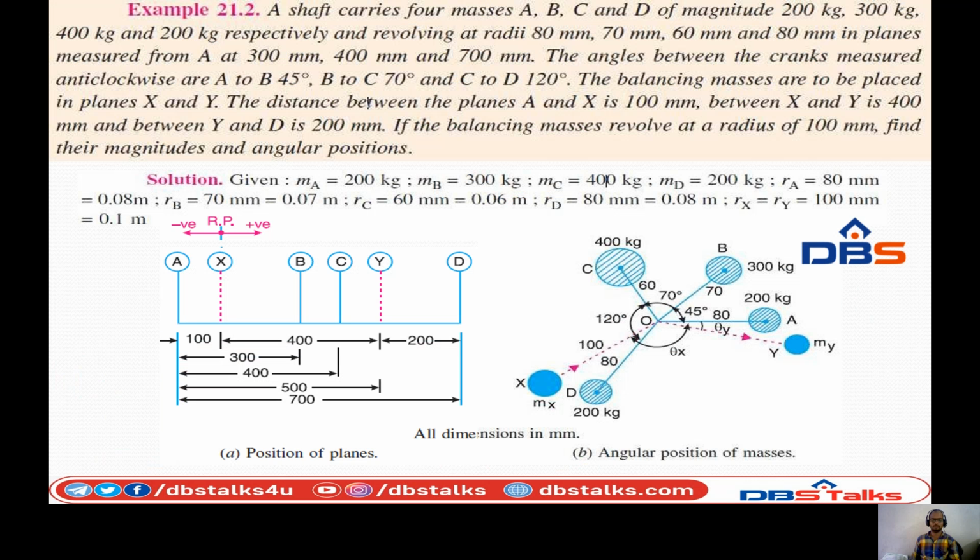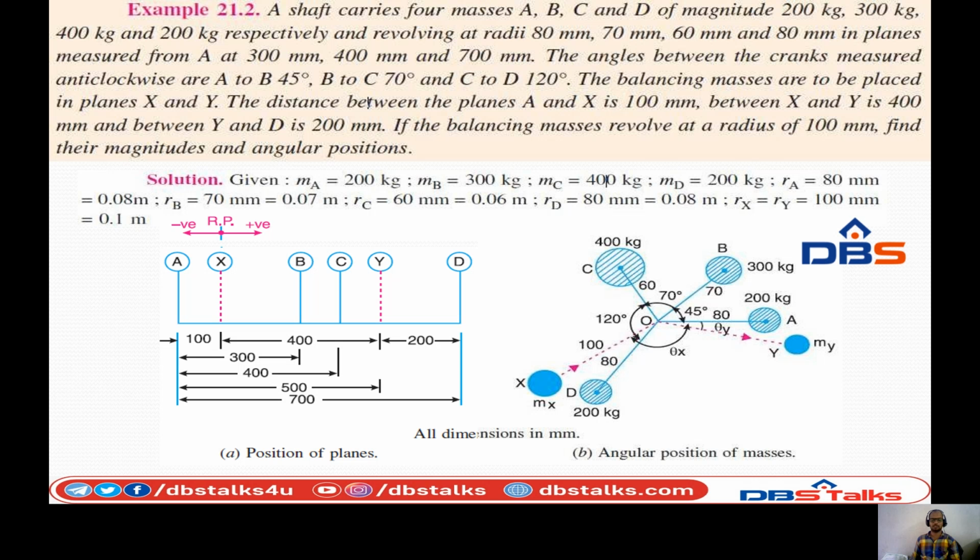So, here is the problem. A shaft carries four masses of magnitude 200, 300, 400, 200 kg respectively, rotating at radii of 80 mm, 70, 60, 80 mm, in planes measured from A at 300 mm, 400 mm and 700 mm.